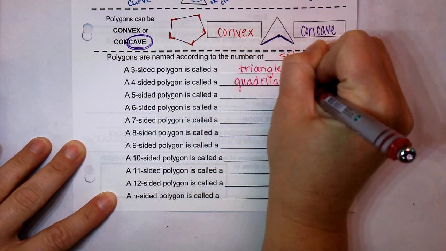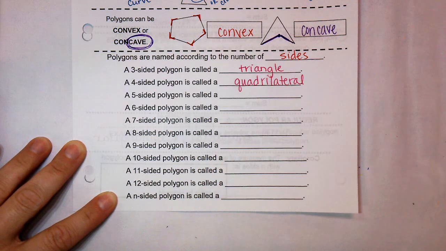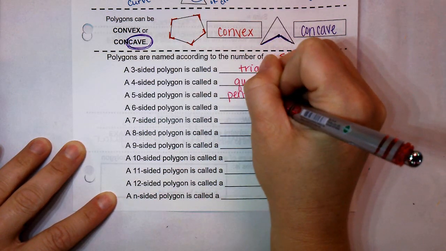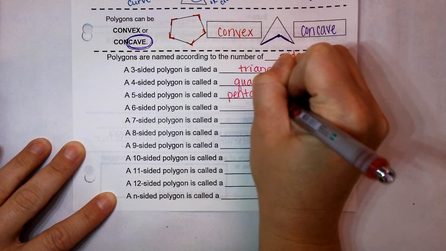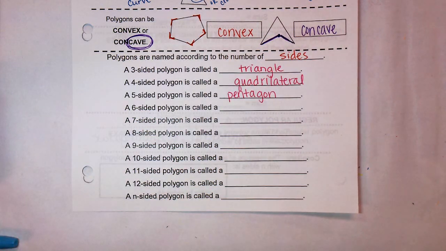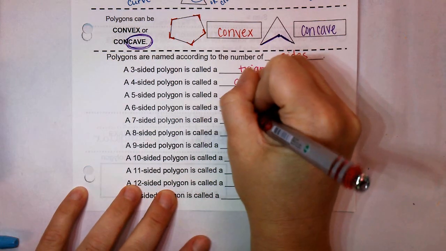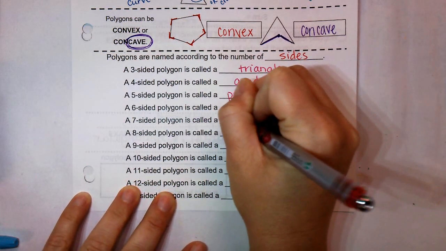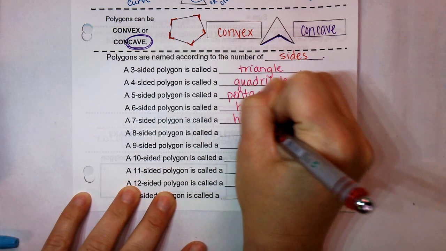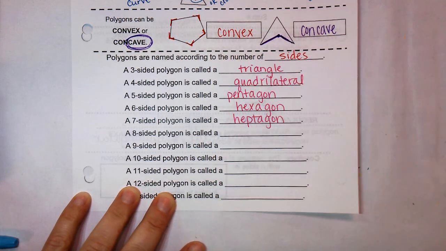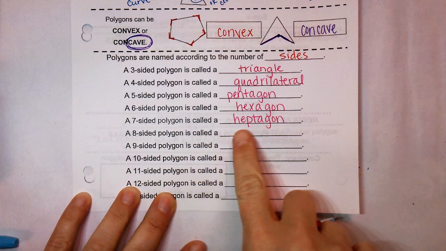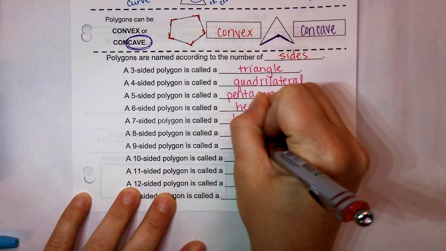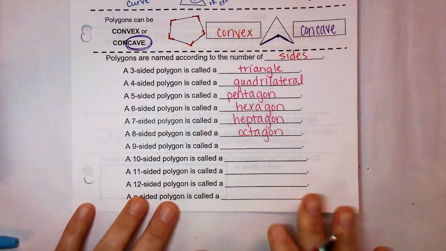So any 4-sided shape is a quadrilateral. 5-sided shape, think about the government building, the Pentagon. 5 sides is a pentagon. 6, hexagon. 7 is a heptagon. So 6 is hex, 7 is hep. 8 is octagon, like a stop sign.